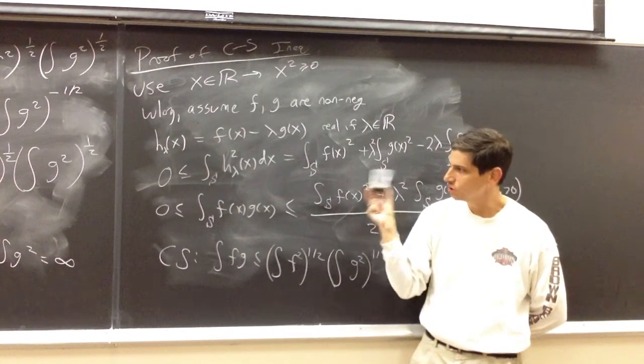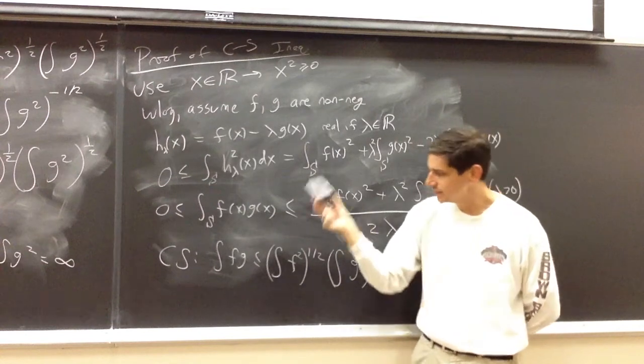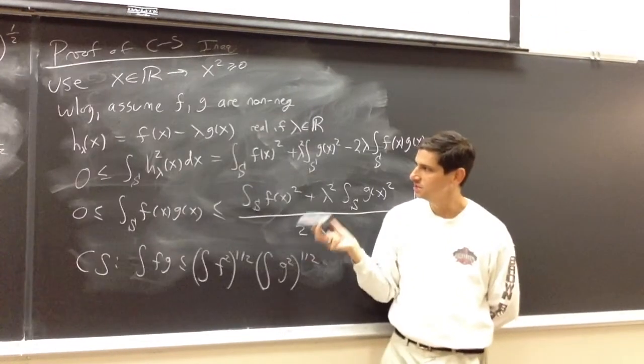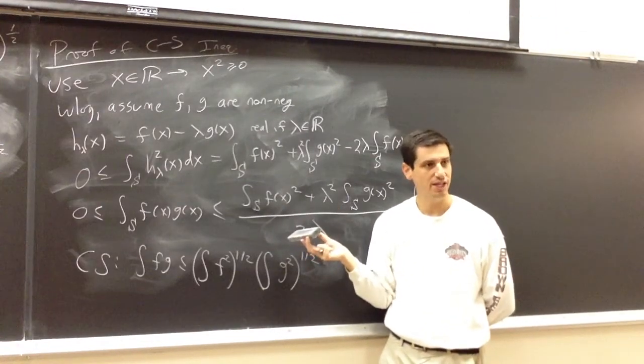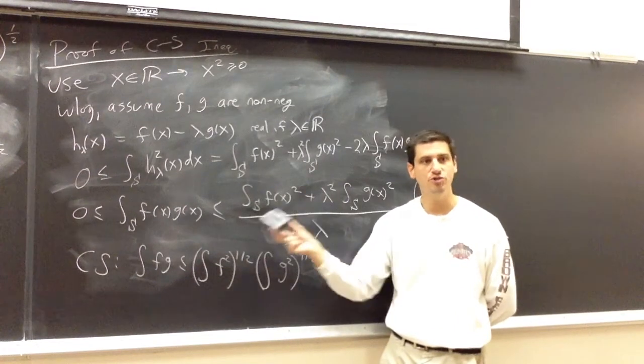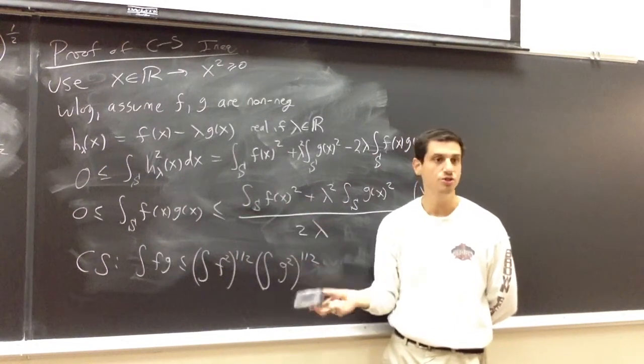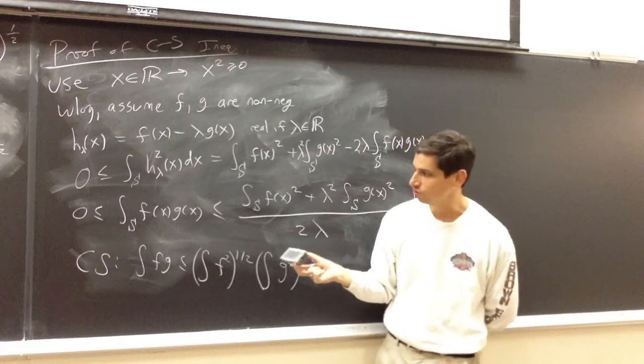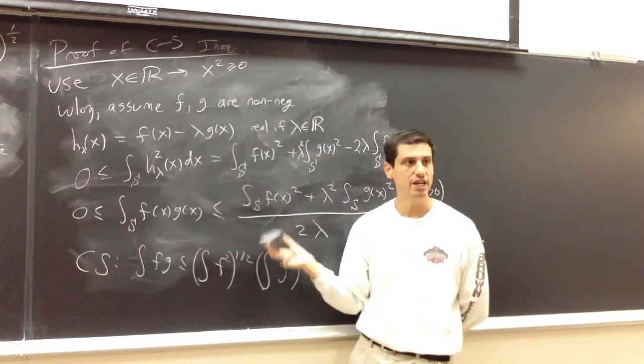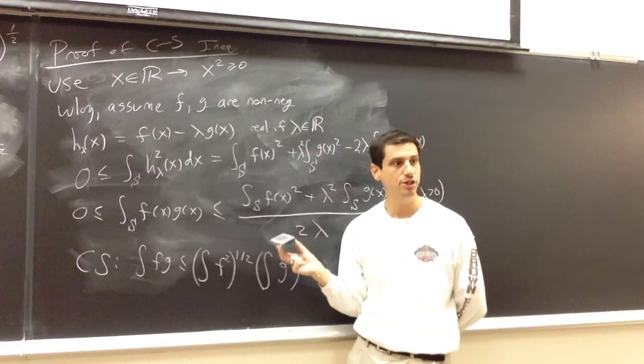So there's lots of different ways you can do this. I like this approach of being divinely inspired and choosing the right lambda, because if you have some idea of what you're trying to prove, you can sniff out what's a good choice. And here, when we're trying to get the integral of f squared to the 1/2, integral of g squared to the 1/2, this makes a really good choice.